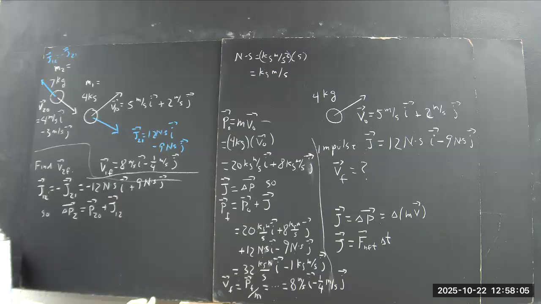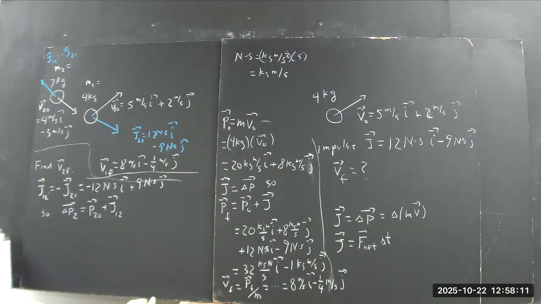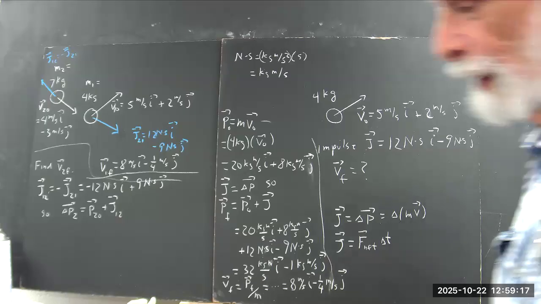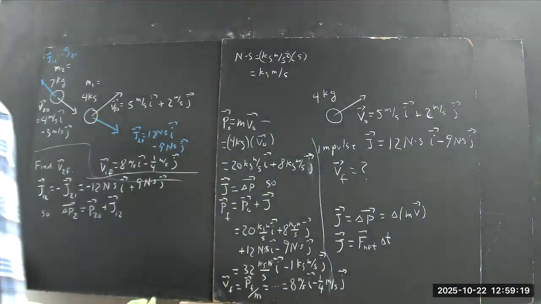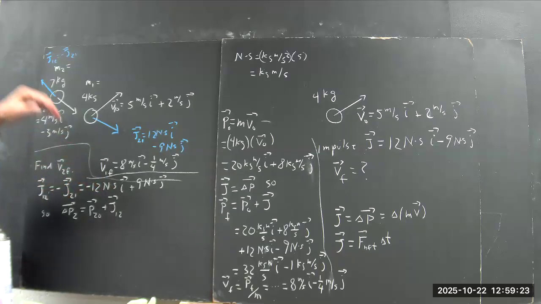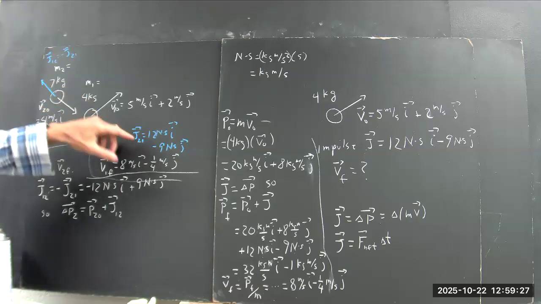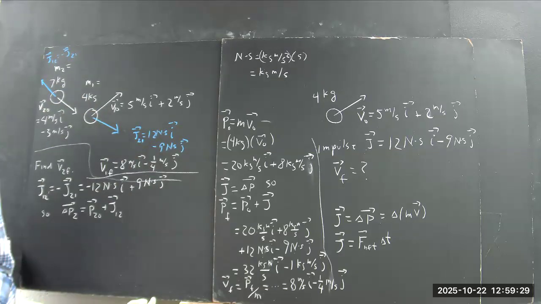Yeah, but hang on. Got a question, so we'll pause for a second. Okay, now it's written a little poorly, but I've defined this to be J21, which I take to mean the impulse exerted by mass 2 on mass 1.